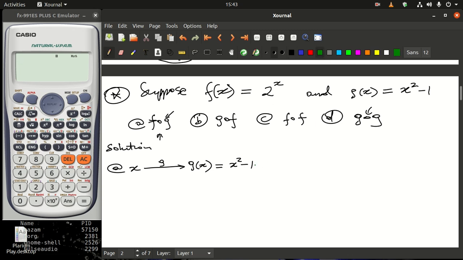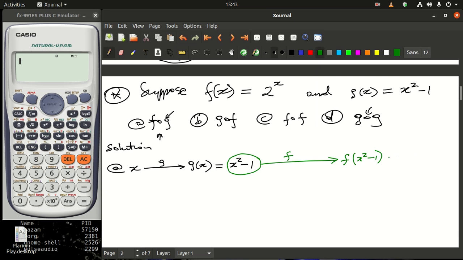Now that I have my g of x as x squared minus 1, I want to take that output and plug it in f, so that I get f of, we had f of x, right? But now I am not taking x, I am taking this input here. So I am going to have x squared minus 1 instead.